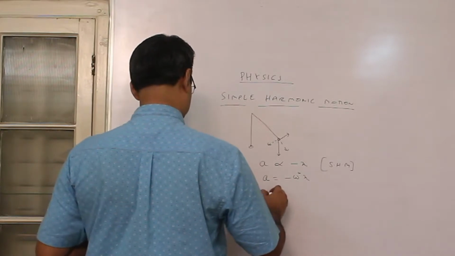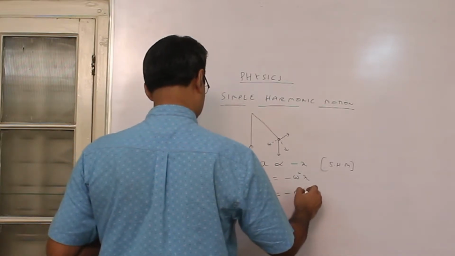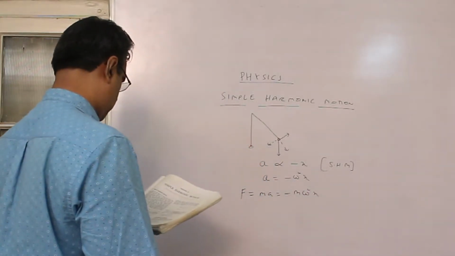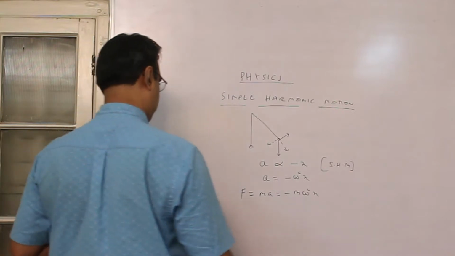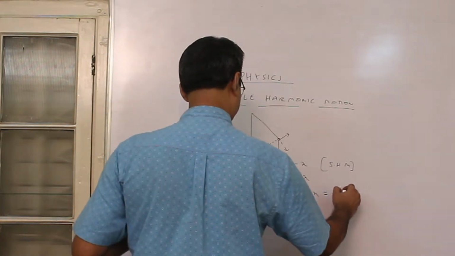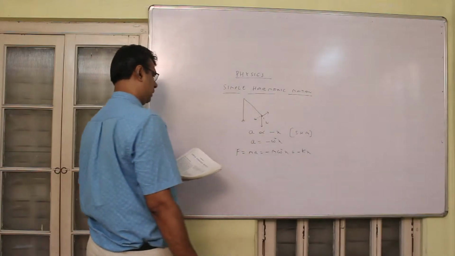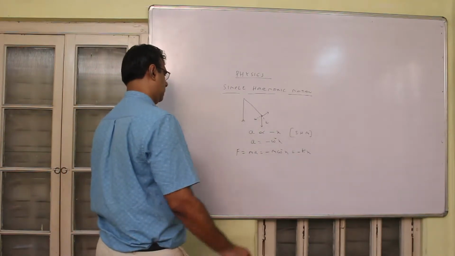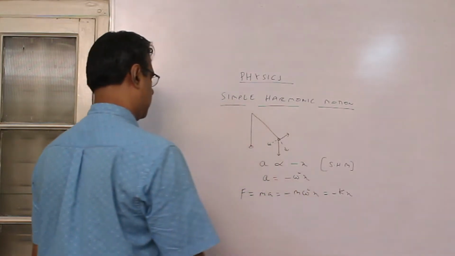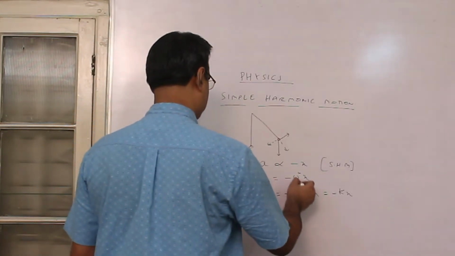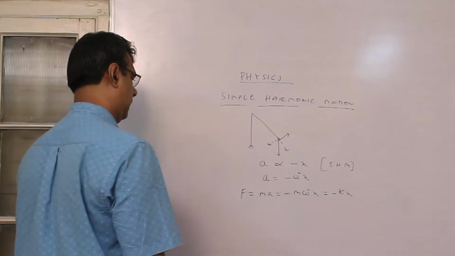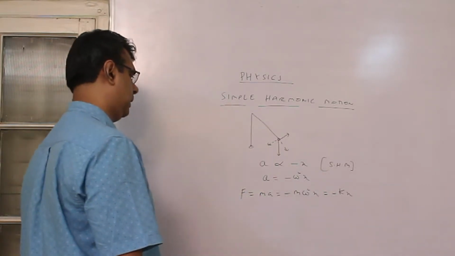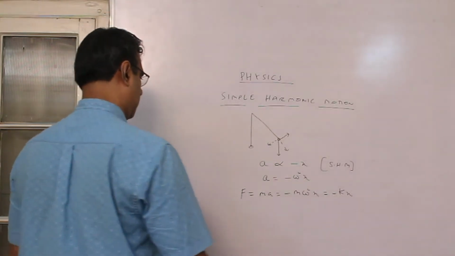So F is equal to ma is equal to minus m omega square x is equal to minus kx. So acceleration is proportional to displacement. The constant of proportionality is minus omega square, and we know force is ma, so we write it in this manner.